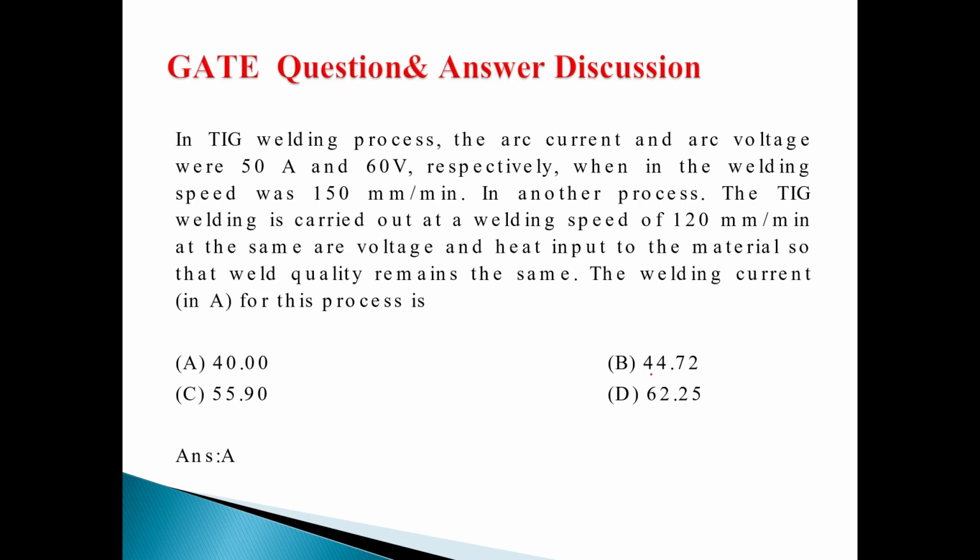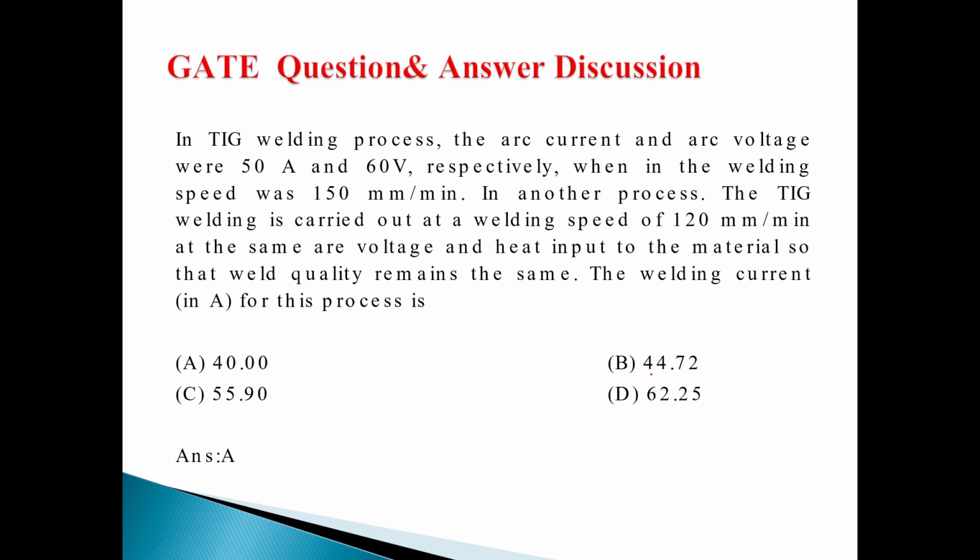Okay, the next question is one problem. In the TIG welding process, the arc current and arc voltage were 50 amps and 60 volts respectively, wherein the welding speed was 150 mm per minute. In another process, TIG welding is carried out at a welding speed of 120 mm per minute at the same arc voltage and heat input to the material, so that welding quality remains the same.